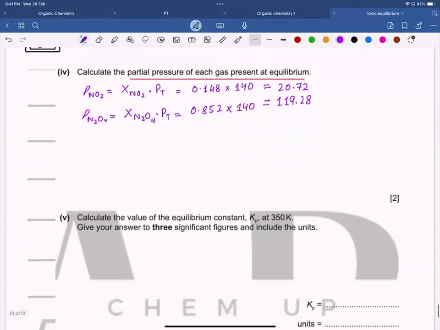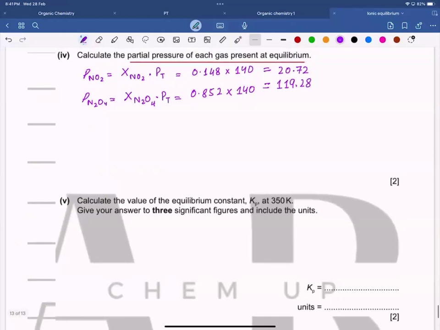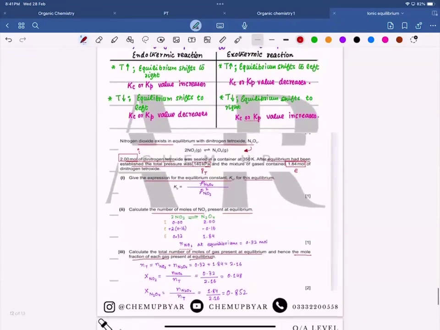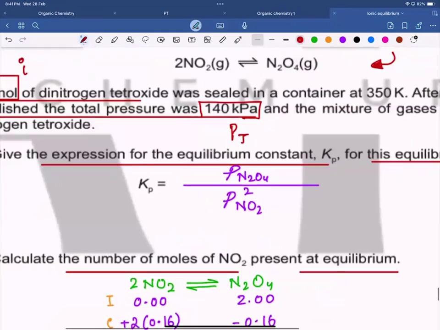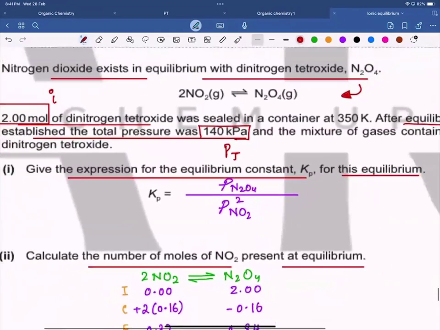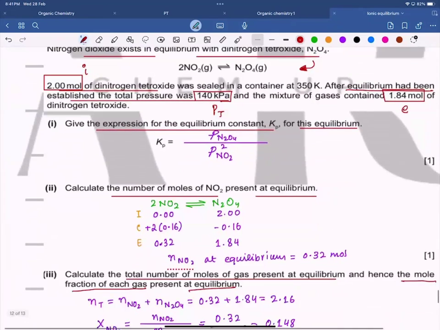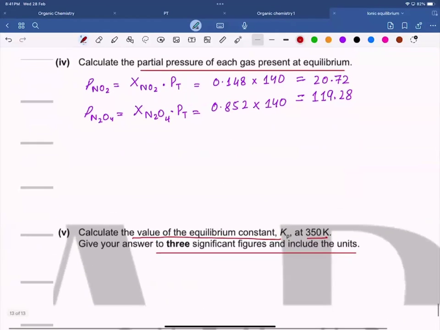Now we got the partial pressures. Now what they are saying in the next part: calculate the value of the equilibrium constant Kp at 350 Kelvin. Give your answers to three significant figures and include units. So we have kilopascal as the unit of pressure, and the expression for Kp is the partial pressure of N2O4 divided by the square of the partial pressure of NO2.